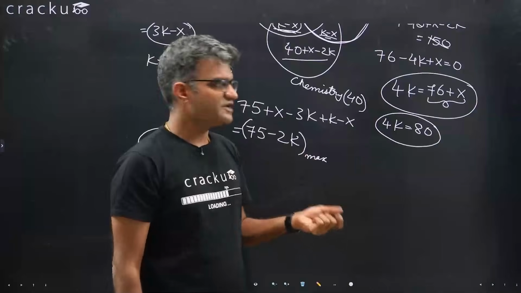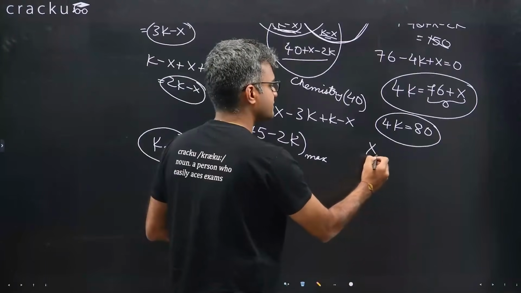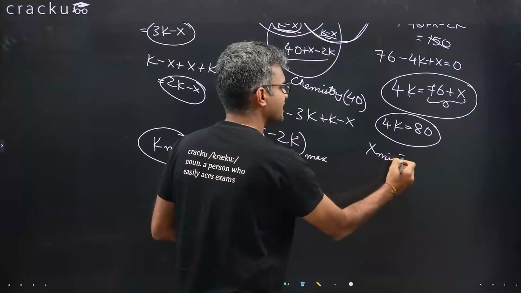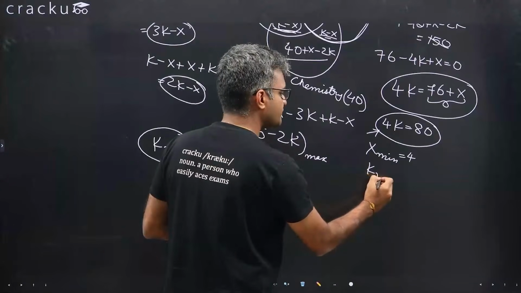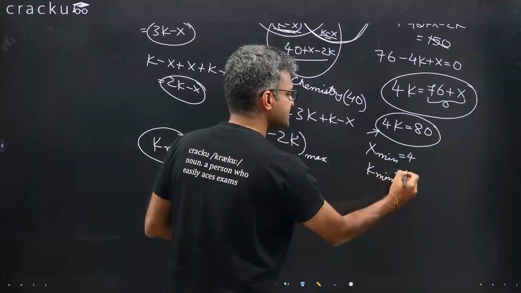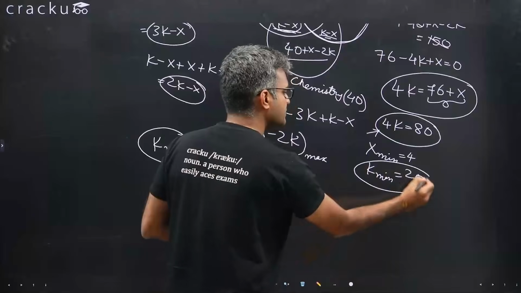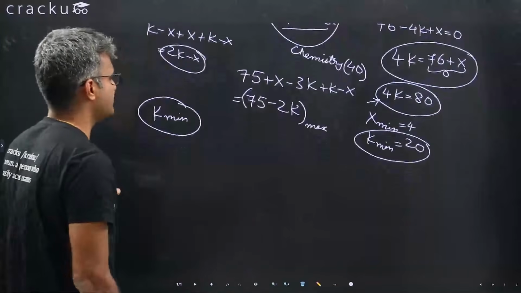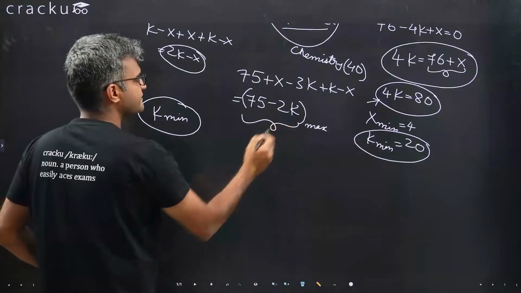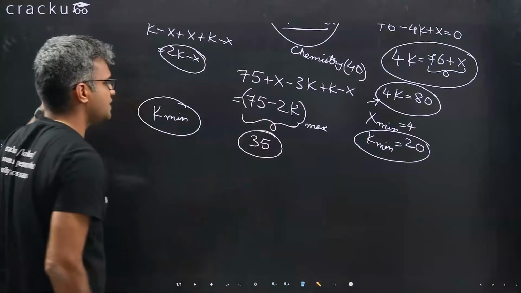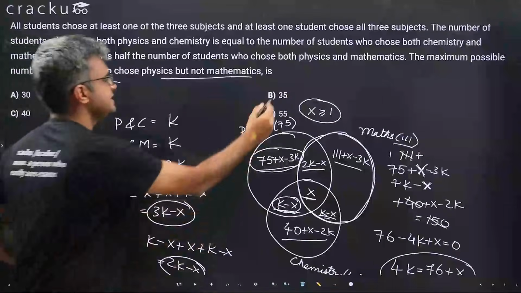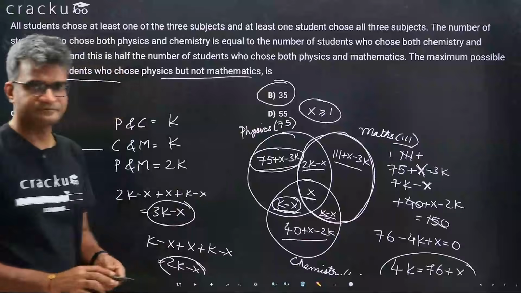So the smallest value x can take will be 4, and at that point 4k is equal to 80, or the minimum value of k is equal to 20. If the minimum value of k is equal to 20, the maximum value of 75 minus 2k will be 35. So the answer for this particular question is option B.